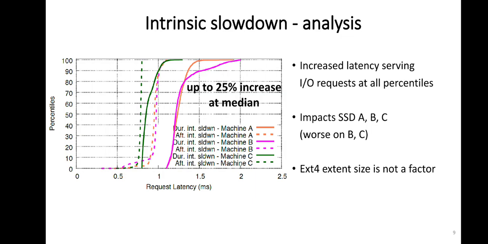And notice that the latency is increased at all the percentiles. At the median, we see a 25% increase in latency. Intrinsic slowdown impacts all three SSDs, but it is worse on SSDs B and C. We also looked at whether the extent size is a factor, but we found no correlation.